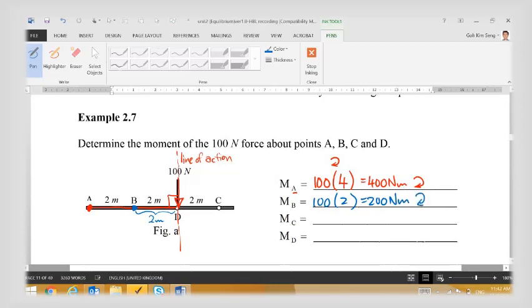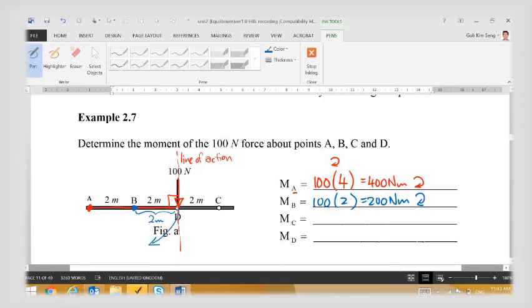If you're wondering how to figure out that direction, you may want to consider point B as the center of a circle and draw a circle with a 2 meter radius using a compass, and it's going to swing this way. So that makes it clockwise.